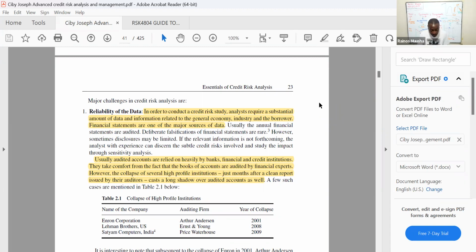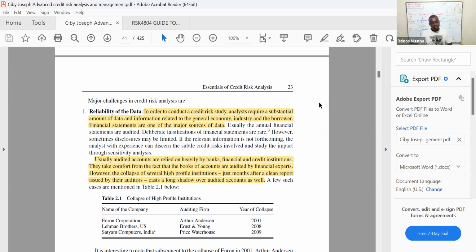Although when you look at credit risk analysis and the use of historical data, you're going to be relying more on financial statements in most cases. So it's an acknowledgement that when you're doing a credit risk analysis, you are going to be using financial data, and your first point of call is always to prefer audited financial data.